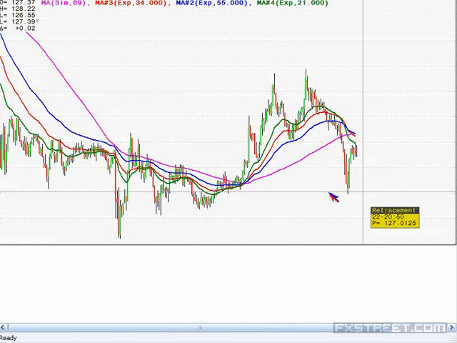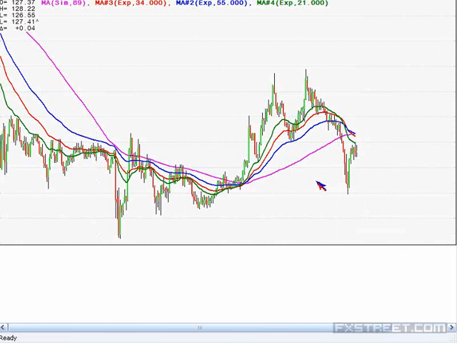Overall, what we feel is that euro US is about to turn, right? And the dollar yen is also about to turn. So overall, we feel it is going to turn up, but it's the same scenario. We have to ensure that this low is not breached.